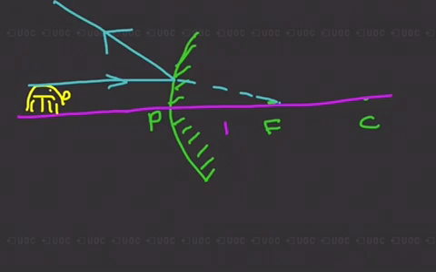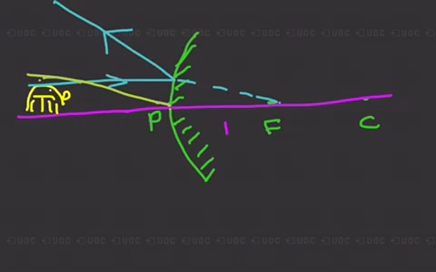Let there be another ray, let us say in some nice shade. And then there's this ray which is directed towards the focus, and turns out to be parallel to the axis.